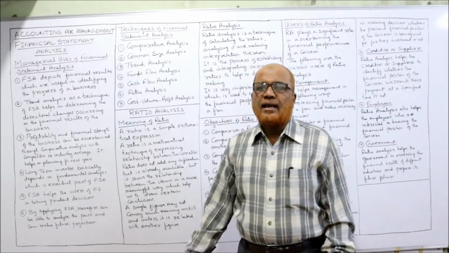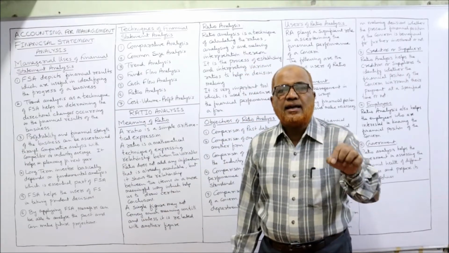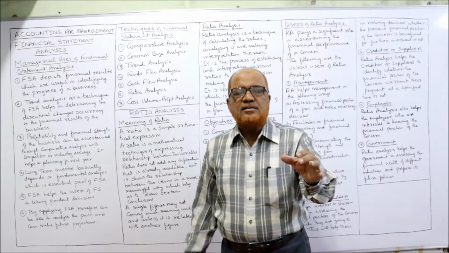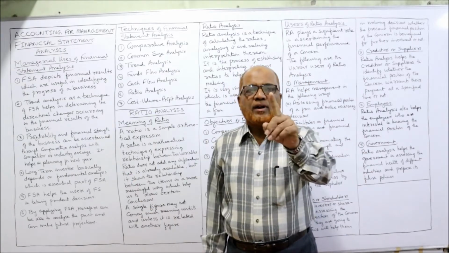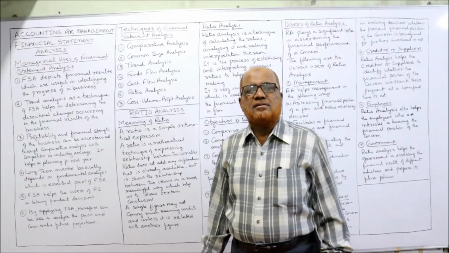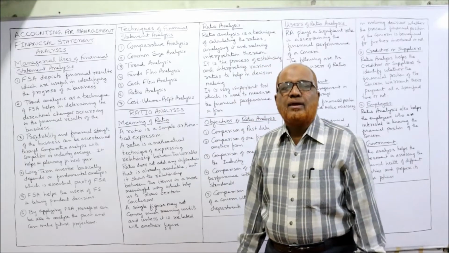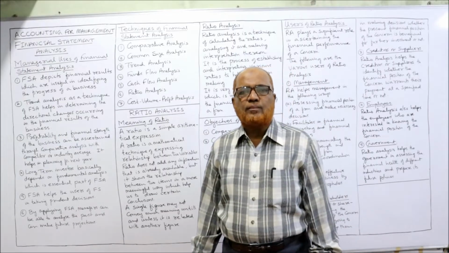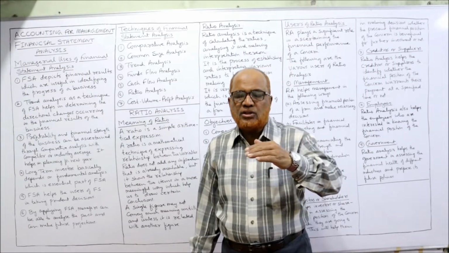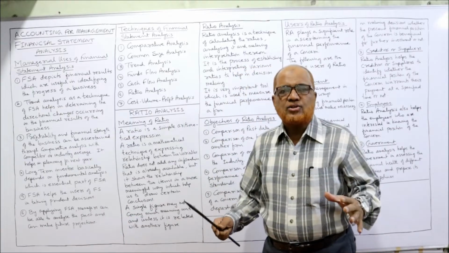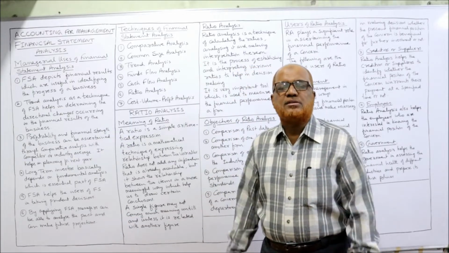Secondly, trend analysis as a technique of financial statement analysis. In financial statement analysis, many techniques are there. One of the techniques is trend analysis. By studying this trend analysis, the management can find out what is the directional change of the performance of the business.